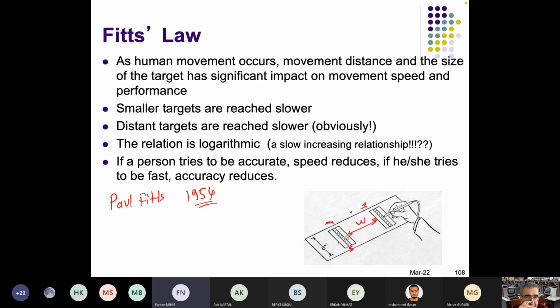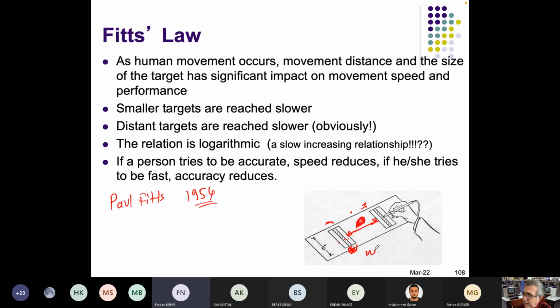They realized that there is a logarithmic relation which is very significant, and basically, as the target becomes more distant, time increases, and W is the width of the target and D is the distance in between the targets.